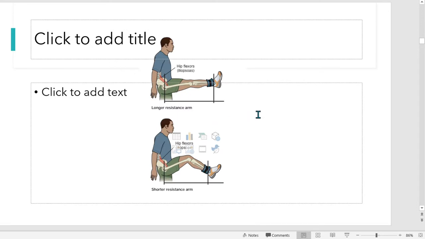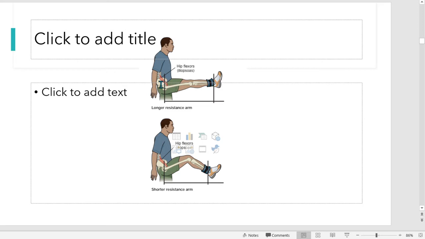So let's take for example here, we have a picture. We have here the muscles, the iliopsoas or the hip flexor muscles. So we have here the load. Okay. So if I'm going to move the leg in straight flexion, we have here this perpendicular distance, from here up to this point.